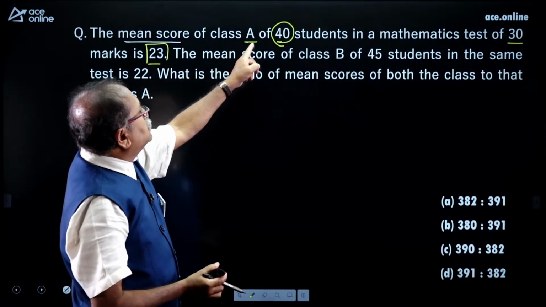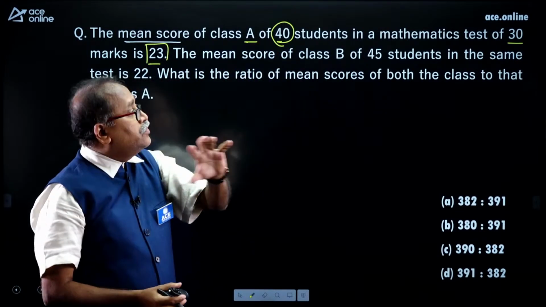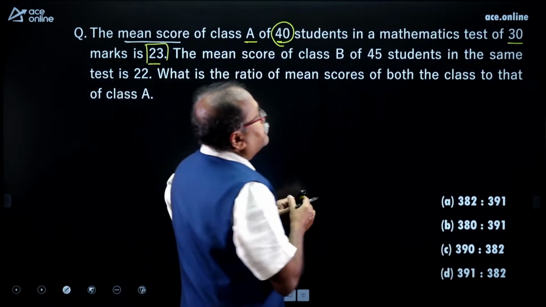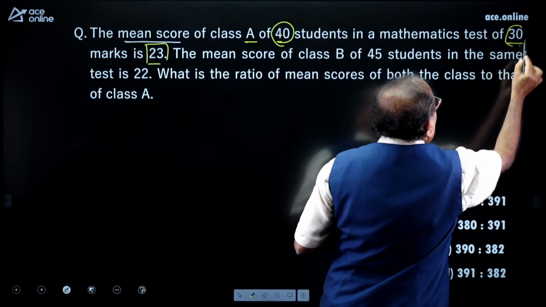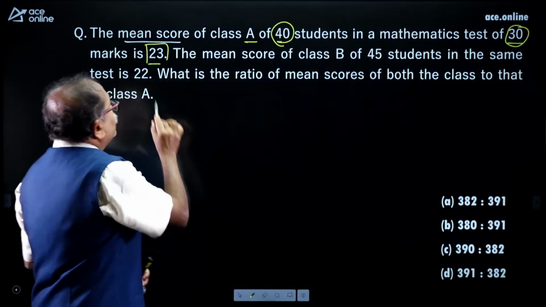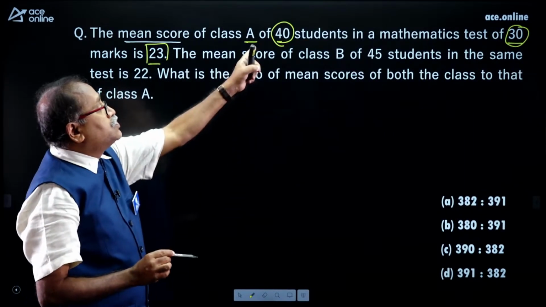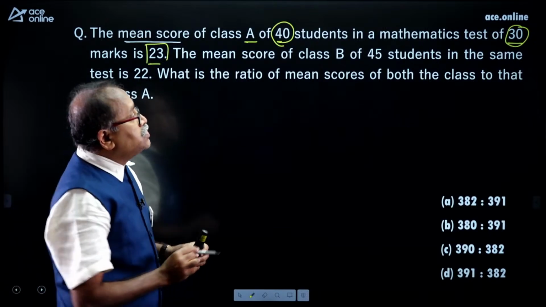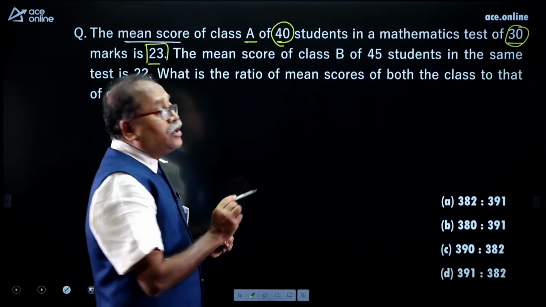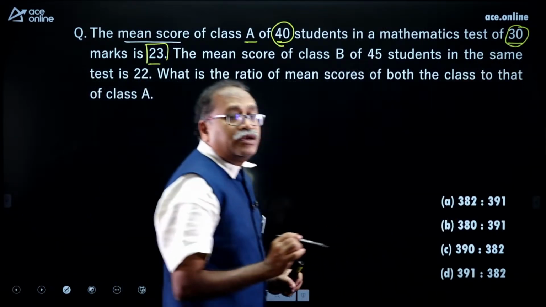Mean score of class A of 40 students in a mathematics test of 30 marks is 23. That means 40 students are there. Their average score is 23 out of total 30.